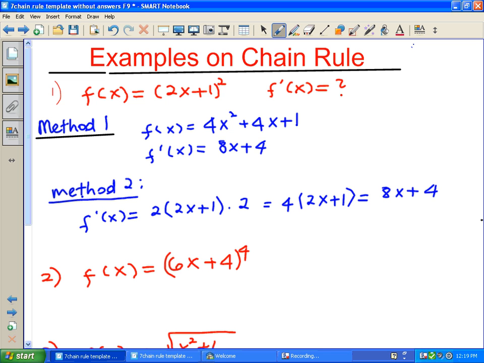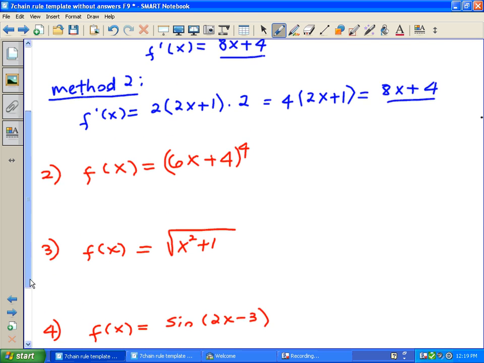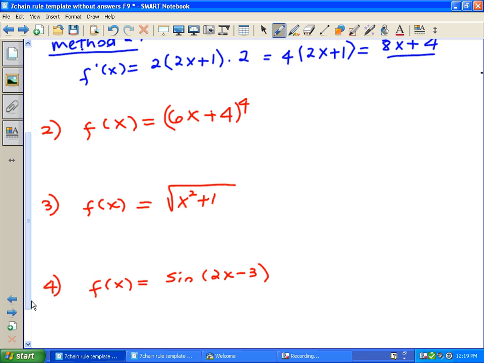So you can see the chain rule works, and in examples with higher powers, you will really understand how convenient it is to use the chain rule. So for instance, let's take a look at question number 2. The derivative will be: start by differentiating the outside function.